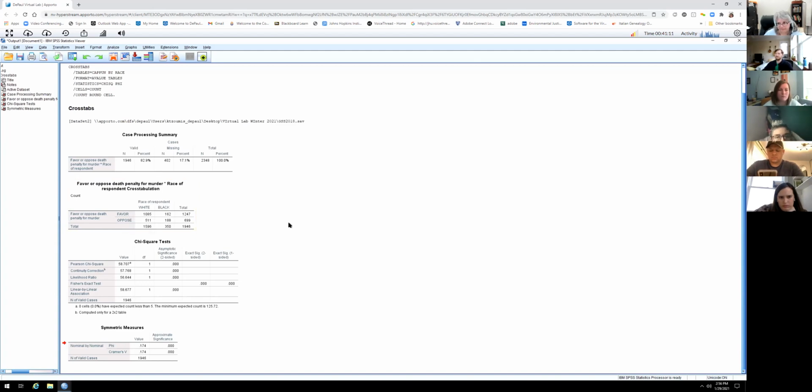Okay, here we go. So we've got a positive phi, and that tells me nothing. We have to go back to the crosstab and interpret it. Which race? I should be able to cover these up. Don't even try to use the numbers because these are different sizes, almost by half.